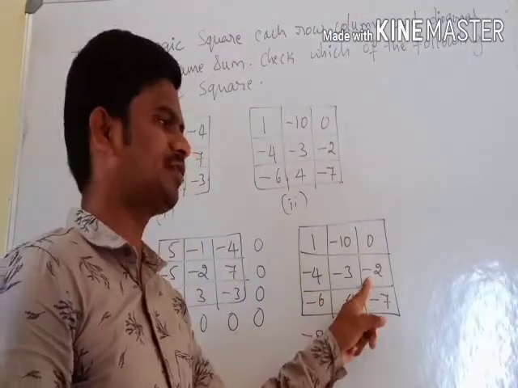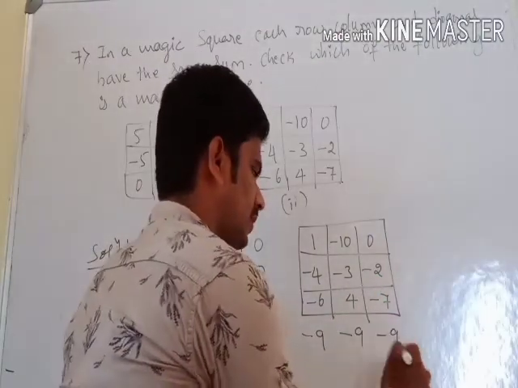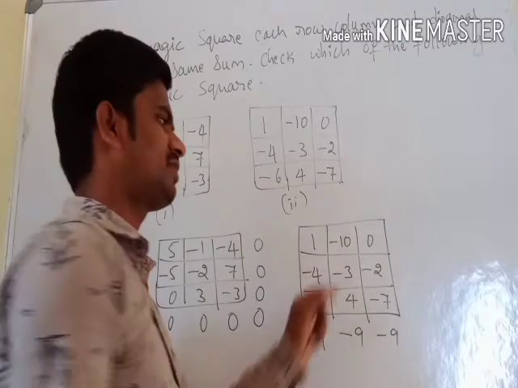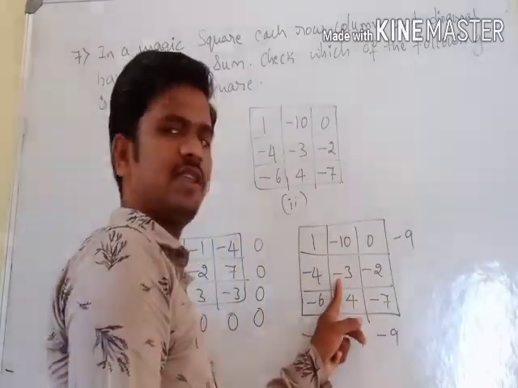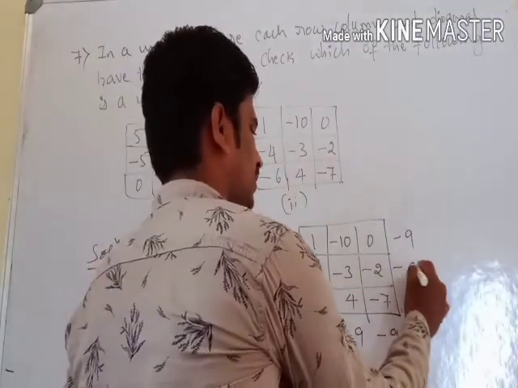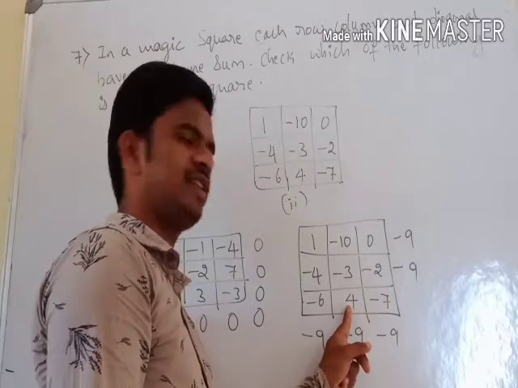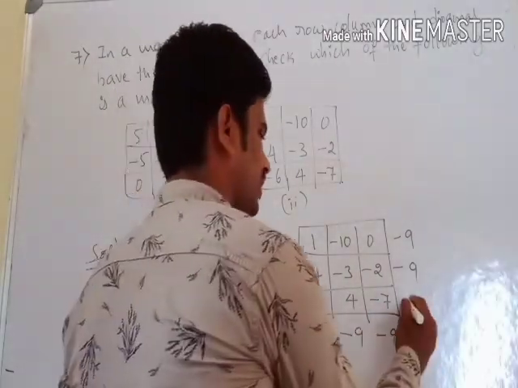Next, 0 minus 2, minus 2, minus 7, so minus 9. Now 1 minus 10, that is minus 9, minus 4, minus 3, minus 7, minus 7, minus 2, minus 9. Minus 6 plus 4, that is minus 2, minus 2, minus 7 is minus 9.